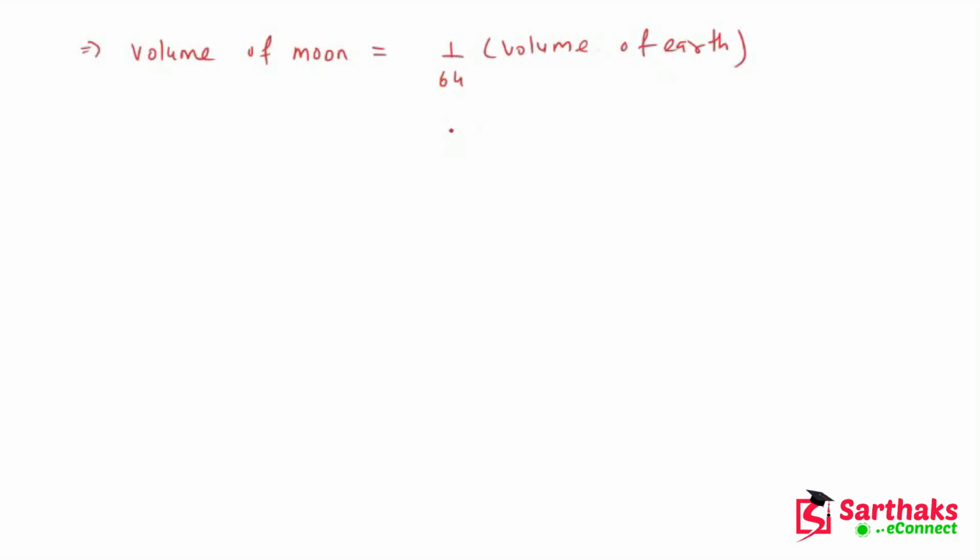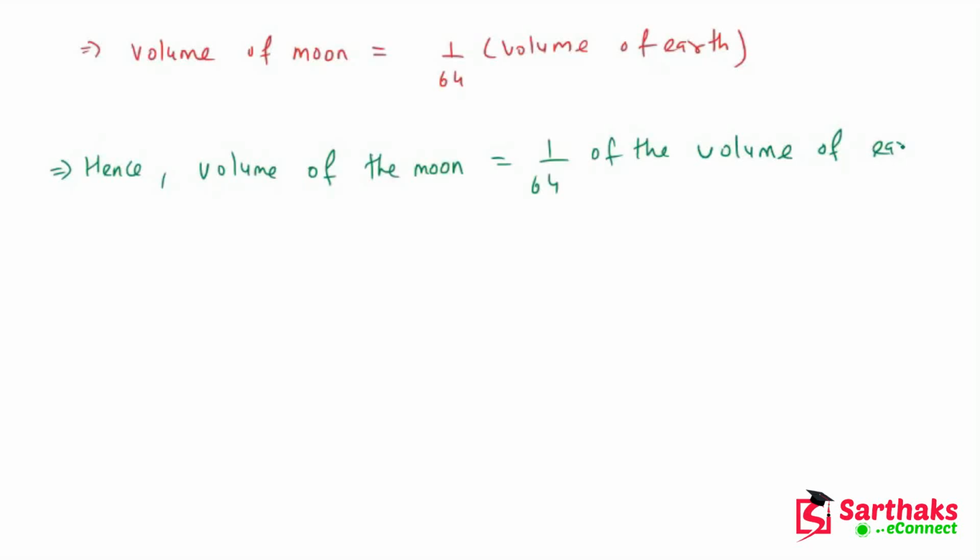Okay, my dear friends, so now we can say, hence, volume of the moon is equal to 1 upon 64 of the volume of earth. Okay, I hope you understand these things, my dear friends. So this is the answer of this question.